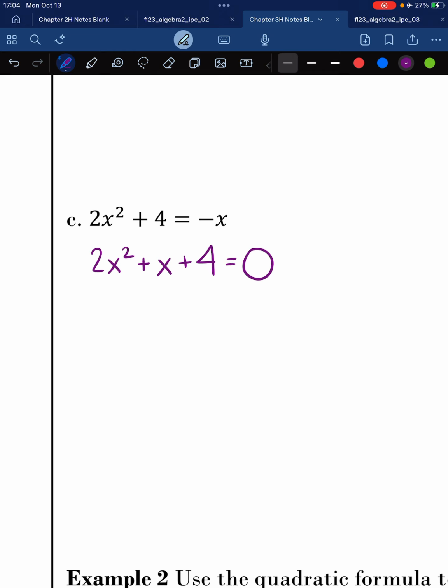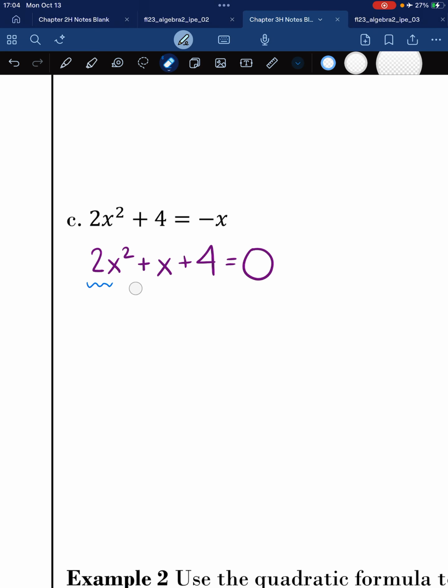Okay, and now it's interesting because there's no factors that I can see immediately. I don't really want to complete the square because this number here is not only odd, but after I factor out this a value, it's also going to be a fraction, and I don't want to have to take half of a fraction and square it.